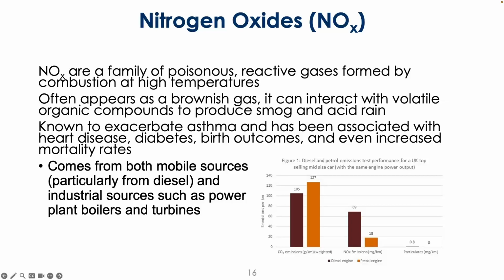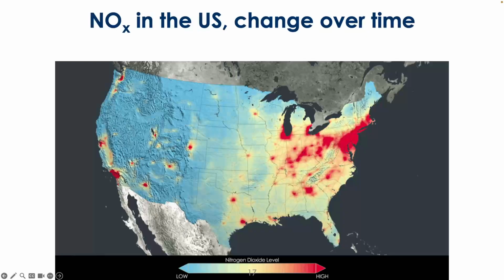It's bad enough that regulations like the Clean Air Act have helped to target and reduce the amount of nitrogen oxide, and you can see that here. NOx in the US has decreased substantially over time, in part due to specific requirements to scrub NOx out of combustion byproducts, but also in general a reduction in coal usage over the last 20 years or so.